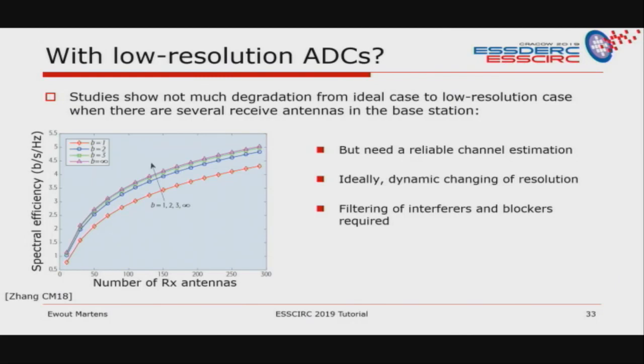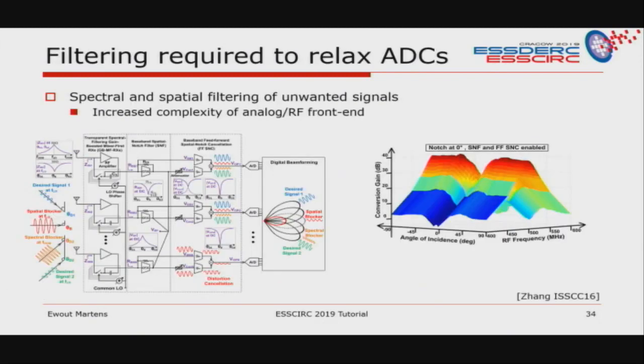Of course, that also assumes that you kind of know how the channel looks like. So all these studies have a certain model for the channel that needs to be reliable. And again, there are the interferers that you need to filter out anyway. So you can go to techniques like spatial filtering of unwanted signals.